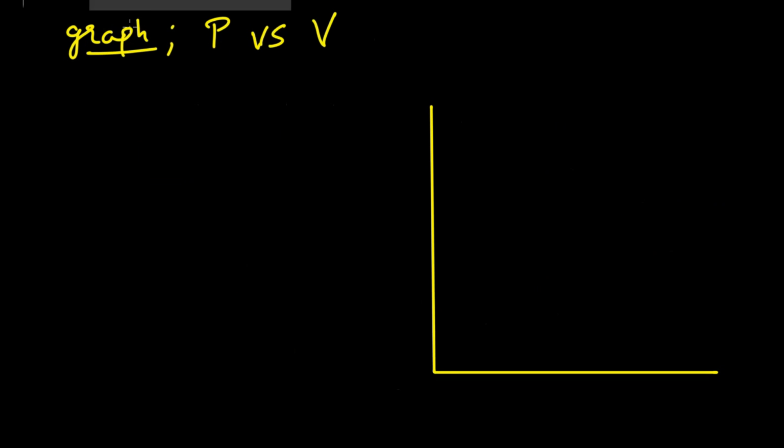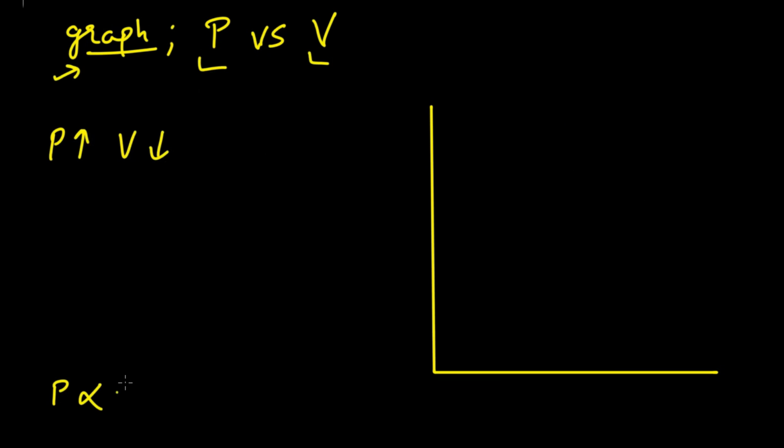Now we will take a look at the graphs related to Boyle's law. The first graph is between pressure and volume, that is the pressure versus volume graph. Now if pressure increases, volume decreases, by Boyle's law, pressure is inversely proportional to volume or volume is inversely proportional to pressure.